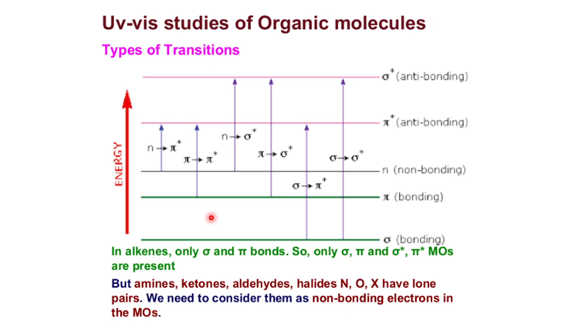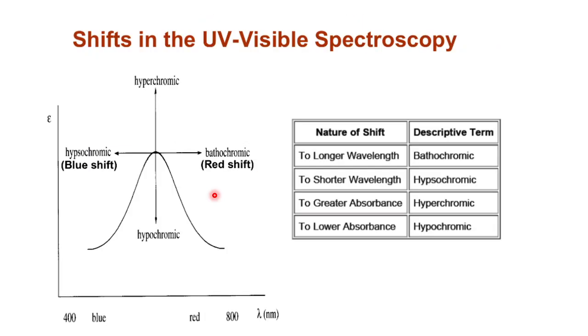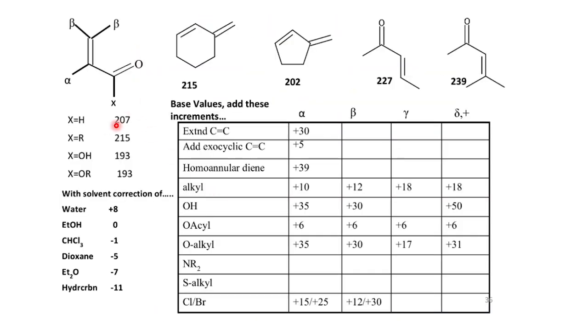And when the electron density is changed, the energy level of that orbital will change. So in case of plus I, it will be towards the higher direction. In case of minus I, it will be in the lower direction. So when it is lowering, ultimately the pi to pi star gap will be increased. Now when it is increased, it will be a blue shift. That's why you are getting from 207 to 193, because it is wavelength, na? So lower wavelength means higher energy is required. Now is it clear?